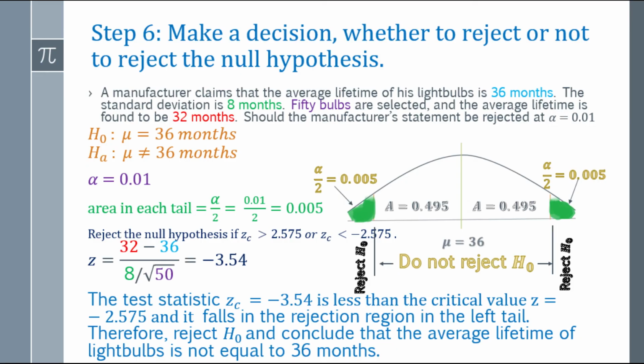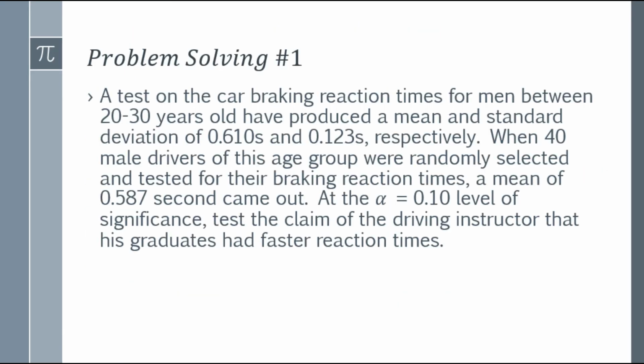And it falls in the rejection region and in the left tail. Therefore, reject the H0 and conclude that the average lifetime of the light bulbs is not equal to 36 months. So, yung claim ng manufacturer na yung average lifetime daw ng light bulbs ay 36 months ay na-reject na natin. Alright, so next one, problem solving number 2.